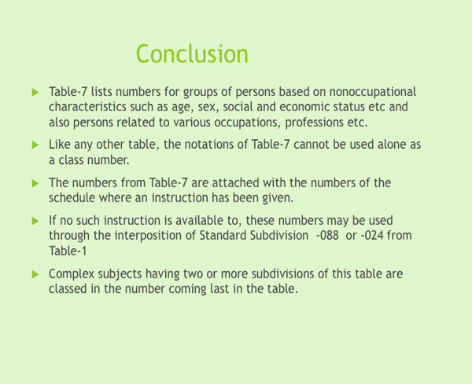When we do not find any instruction to attach these numbers, we make use of the standard subdivisions 088 or 024, then we attach the number of table 7 as per requirement. Table 7 numbers can be used both ways. If on instruction, we attach directly. If no instruction is given, then we attach 088 or 024 and then the table 7 number as per our requirement.